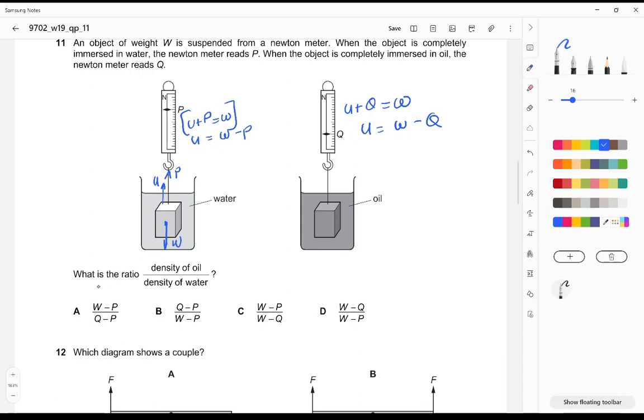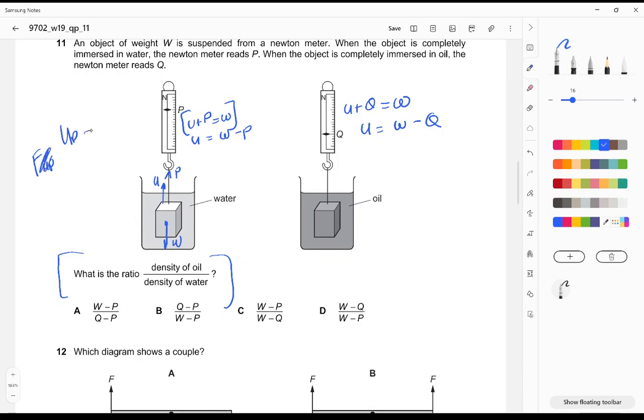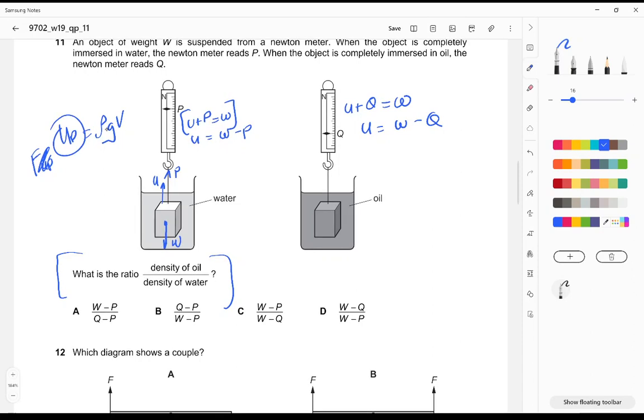But if you notice the question, it is about the ratio of the densities of the oil. But you already know that the upthrust force is equal to rho g V. So it is directly proportional to the density as well.